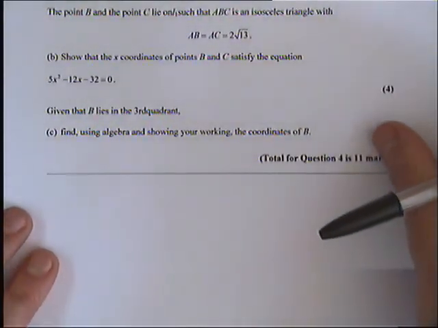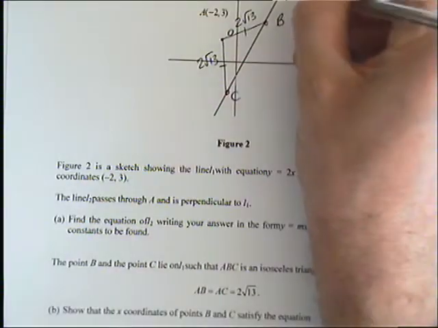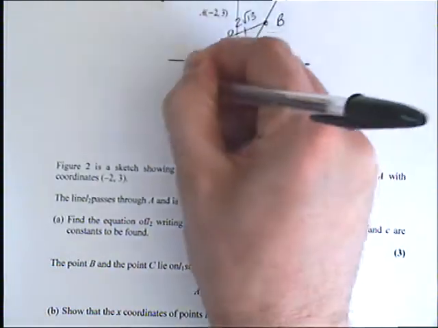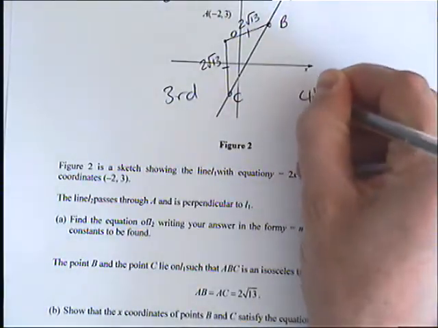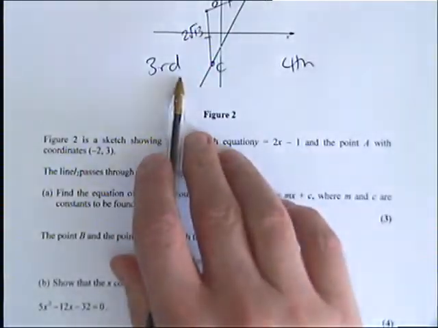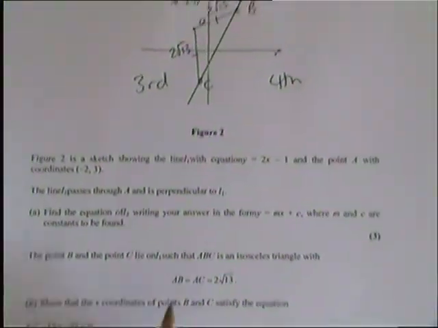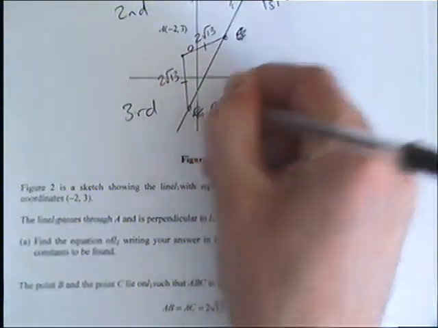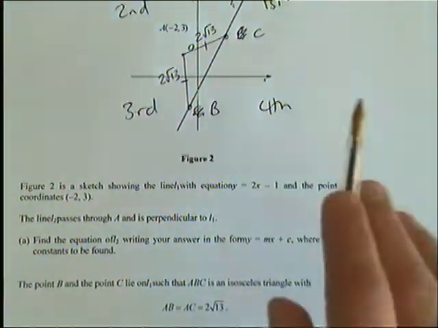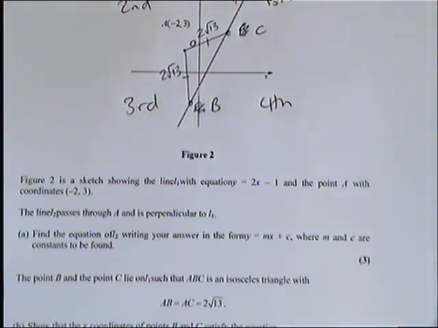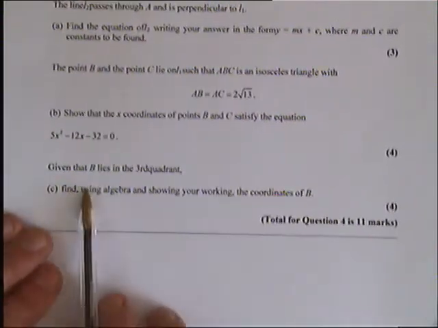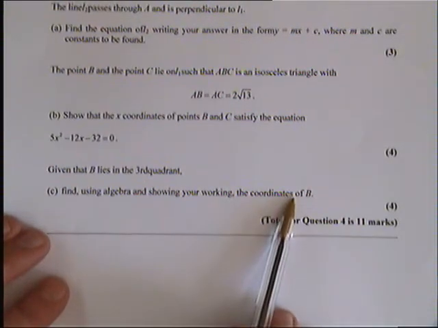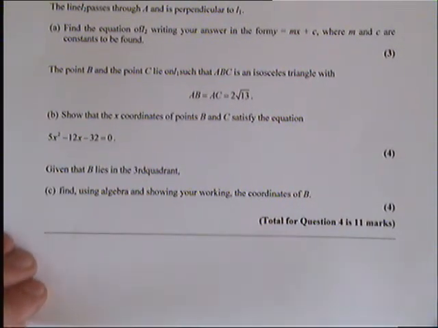Given that B lies in the third quadrant, and remember, first, second, third, fourth, third quadrant here. So on my diagram, I've labelled that one as a C, so I must have labelled them the wrong way around. That would be a B and that would be a C. So given that B is down here, find using algebra and showing our working the coordinates of B. So what do I need to be looking at?